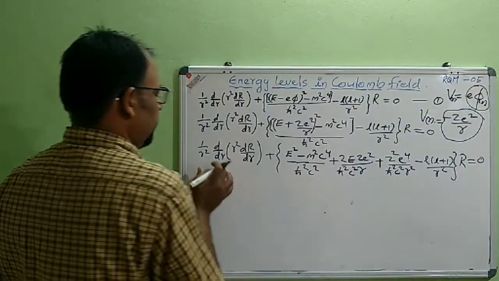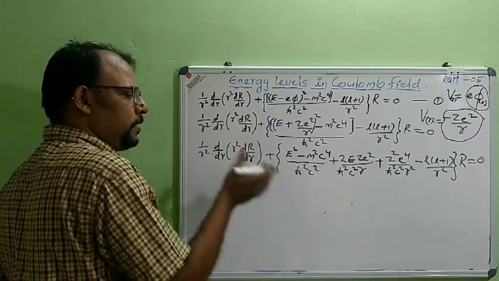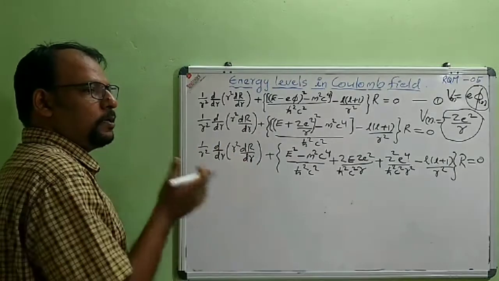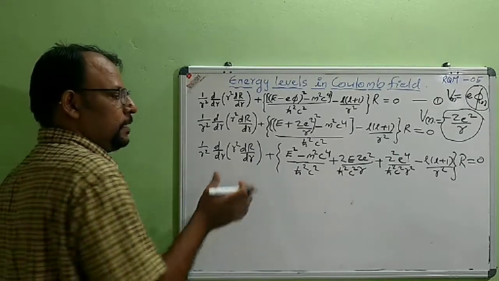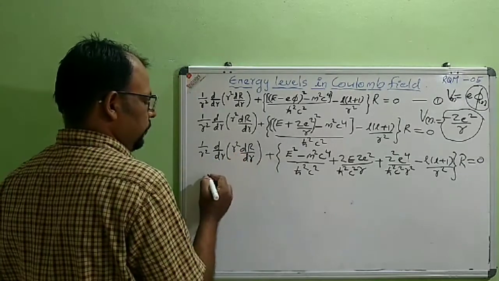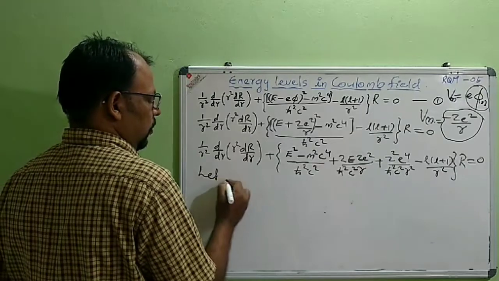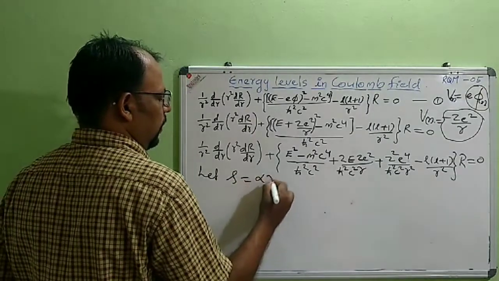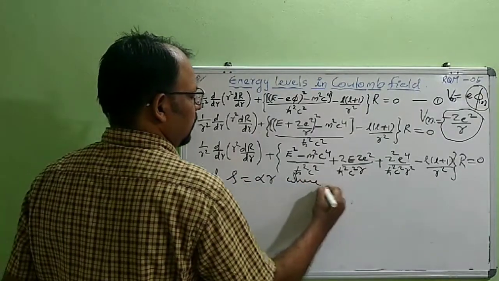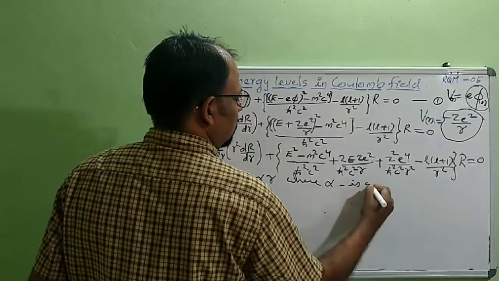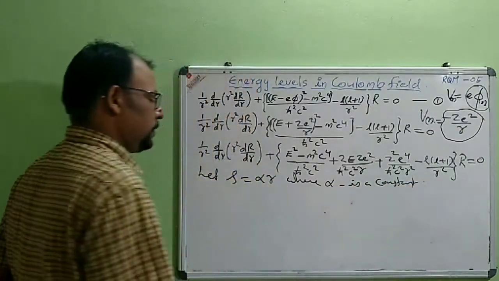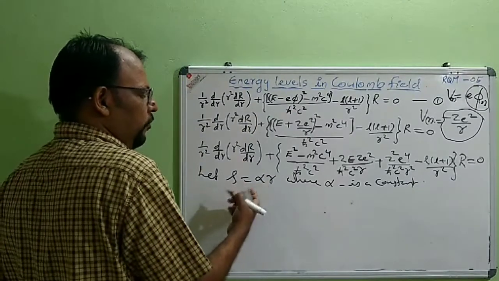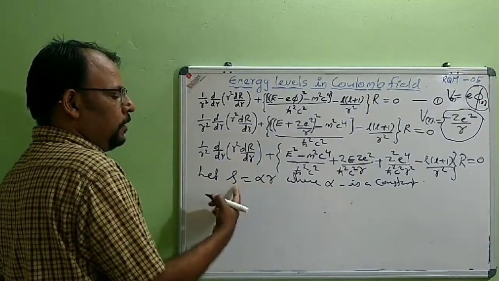For solving this equation, as in the case of the solution for the radial part of the hydrogen atom, we will substitute ρ equal to αr, where α is an arbitrary constant. We are replacing the variable r by ρ.